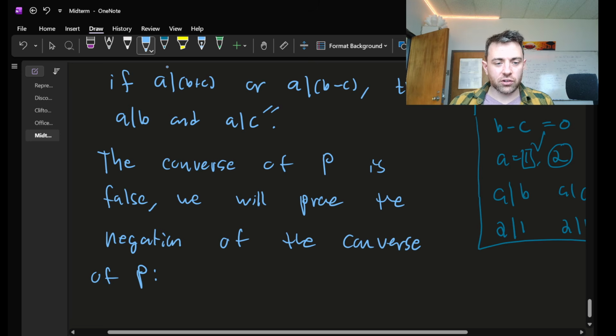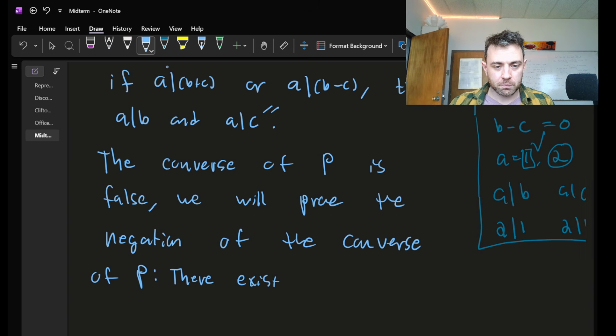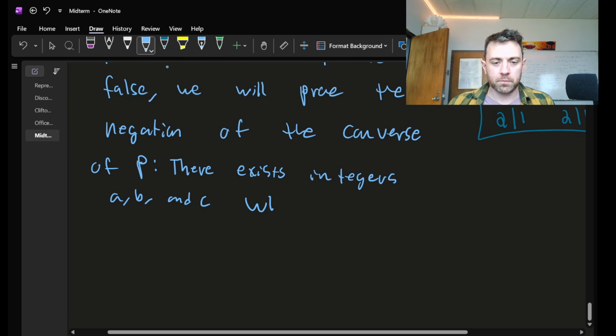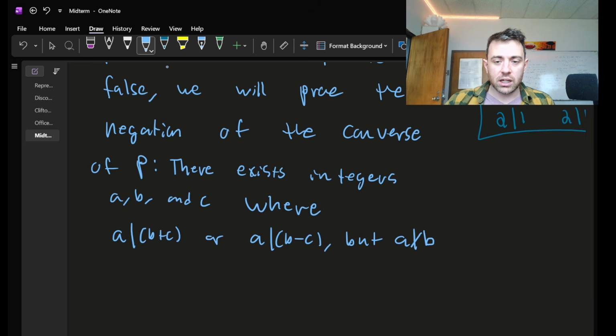Which is the statement that there exist integers a, b, and c where a divides b plus c, or a divides b minus c, but a does not divide b, or a does not divide c, right?